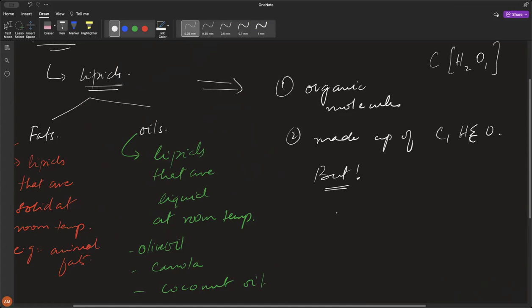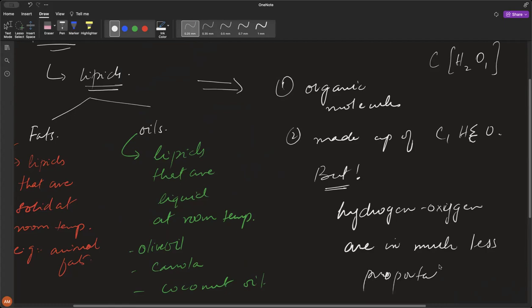But in lipids, the hydrogen and oxygen are present in much less proportion than in carbohydrates.